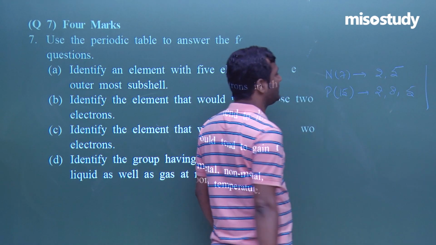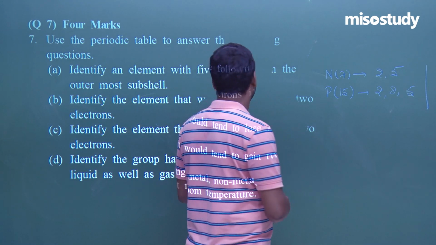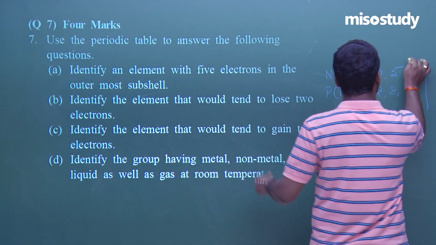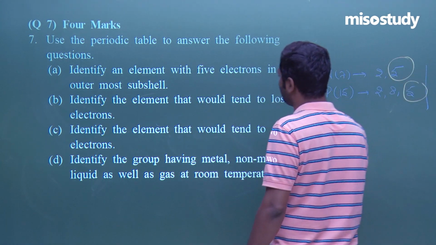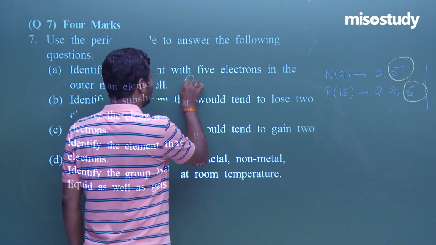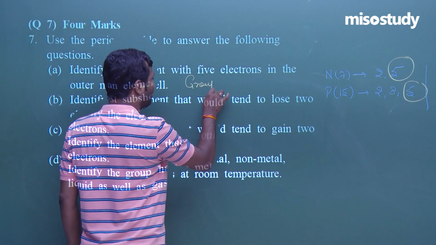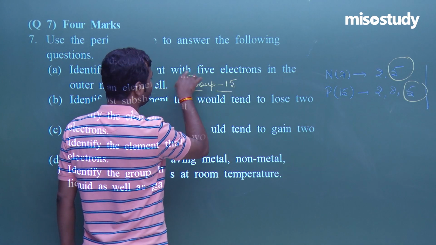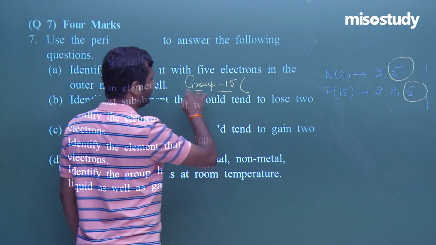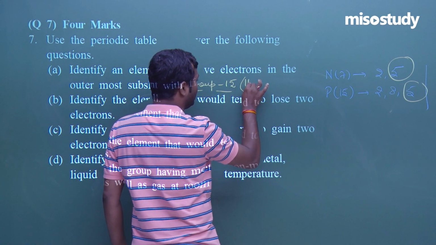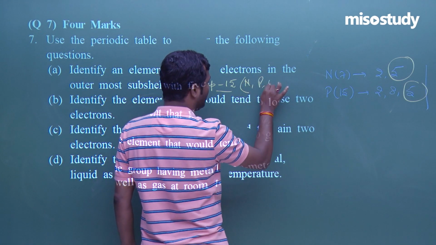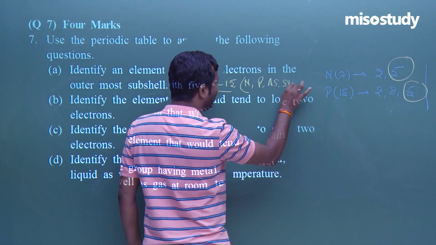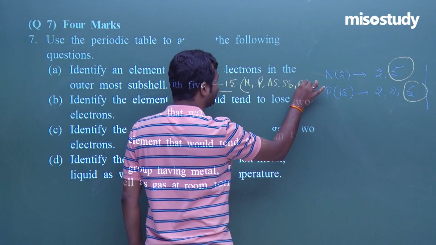Nitrogen, phosphorus: all belong to that category which contains 5 electrons in its outermost shell. So we will say it belongs to group 15, that is this statement, 5 electrons. For example, nitrogen, phosphorus, arsenic, antimony, bismuth, etc.